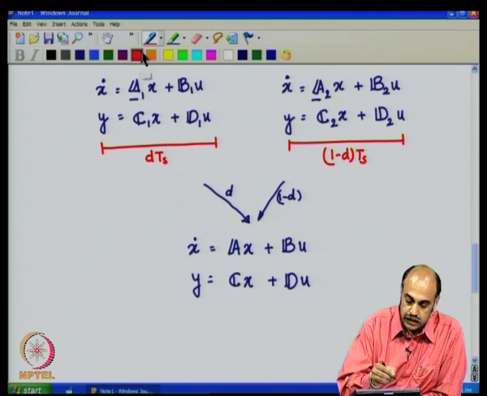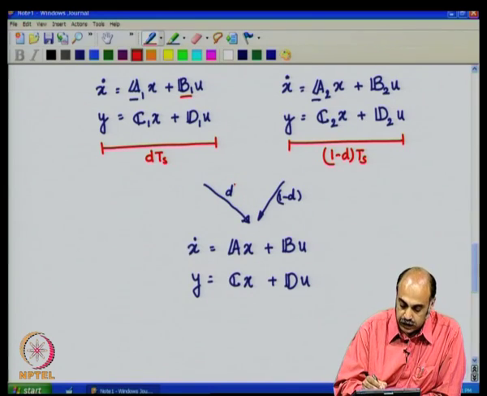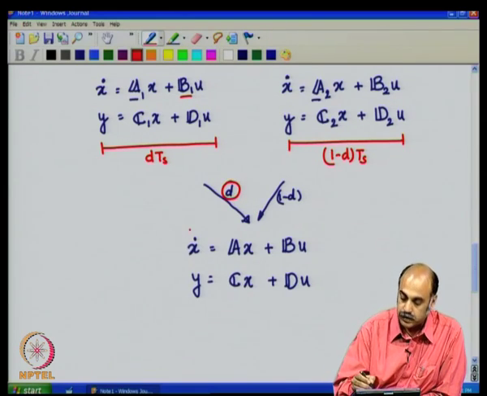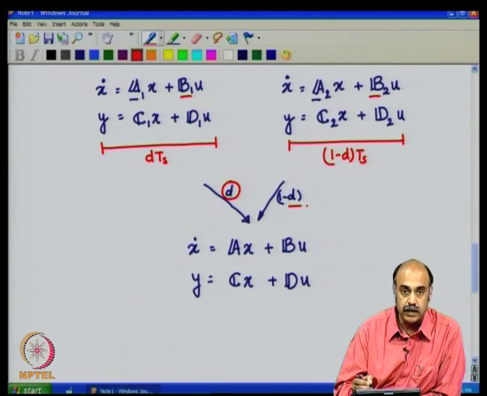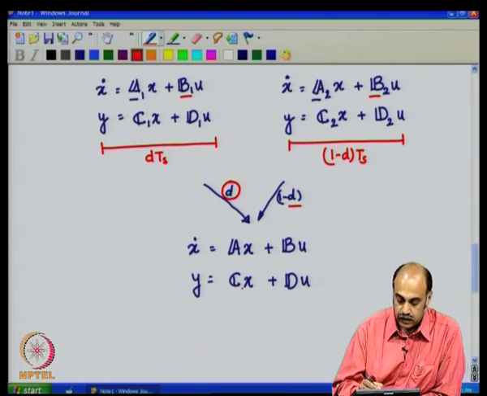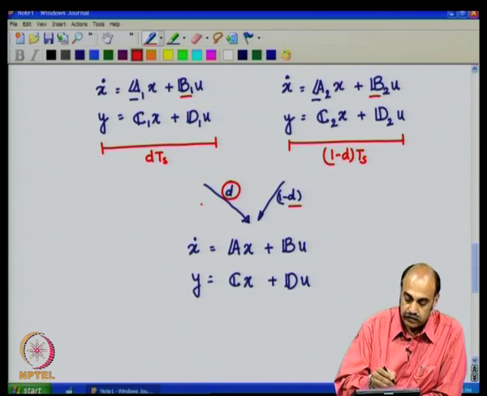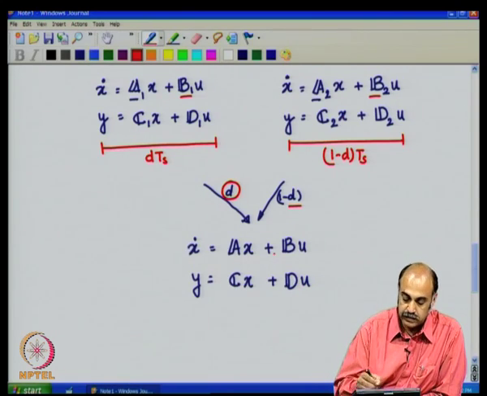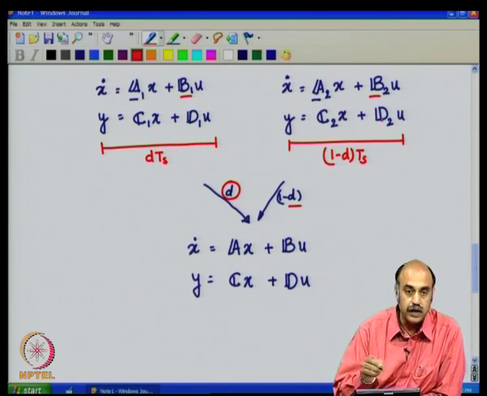Likewise, B is the weighted average of B1 for the period dTs and B2 for a period 1 minus dTs. Likewise, C is the weighted average of C1 and C2, D is the weighted average of D1 and D2.